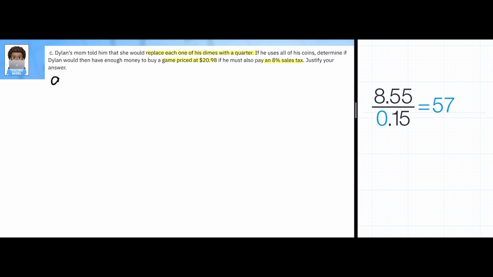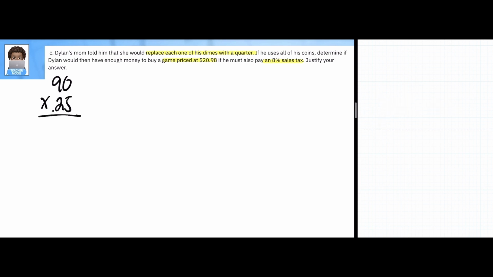We know that he had 90 coins. 57 are quarters. So what if all 90 were quarters? So rather than just subtracting, what if all 90 were quarters? So I'm just going to multiply 90 times 25 cents.